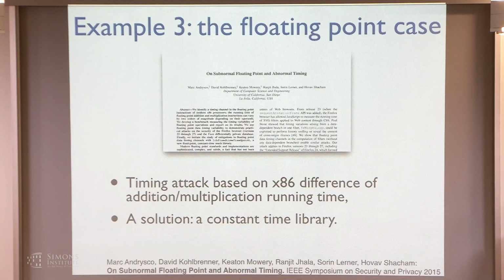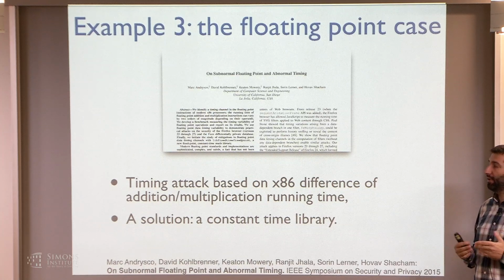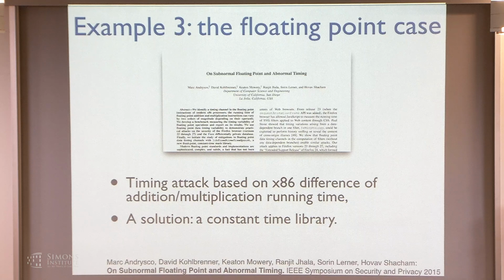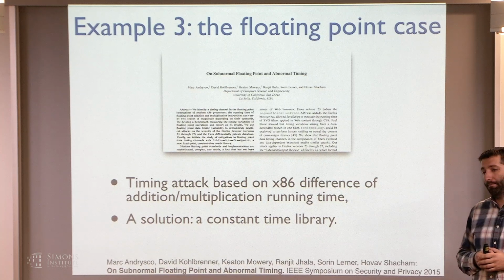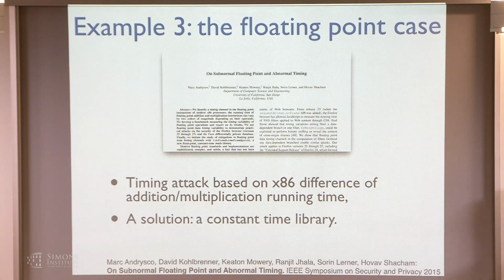A last example of how things can go wrong is that even if we implement things in the good way, we need to be careful with the usual problem that we have not only in differential privacy, but in many security applications, which are possible attacks, for instance, through side channels.